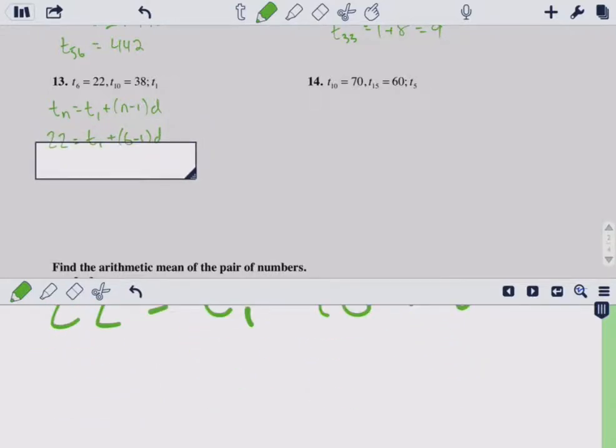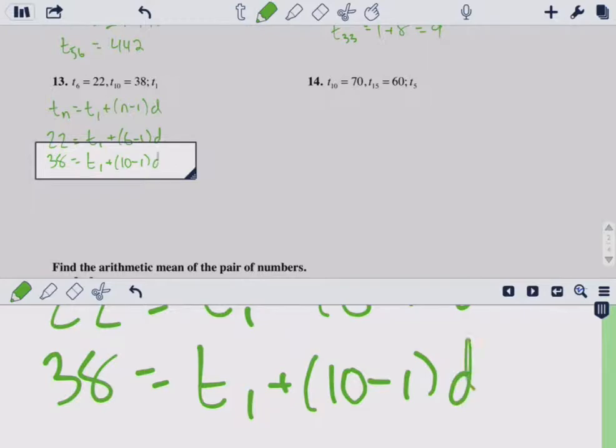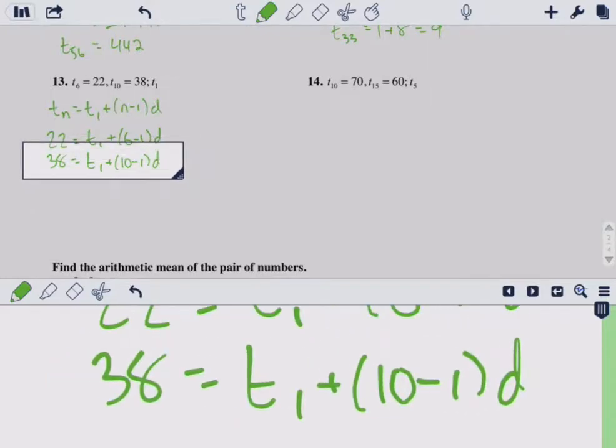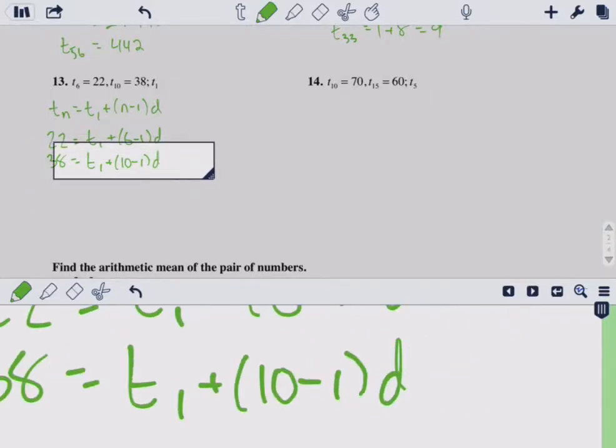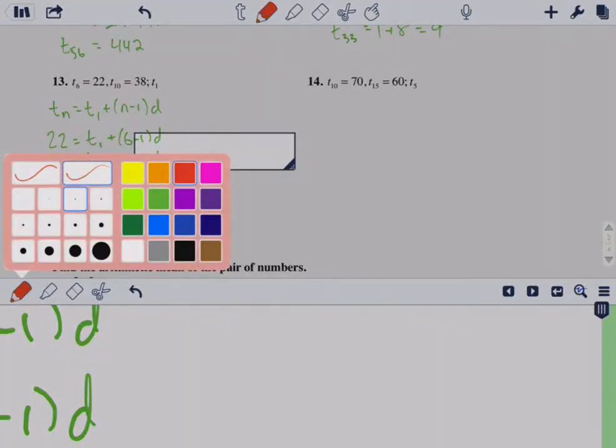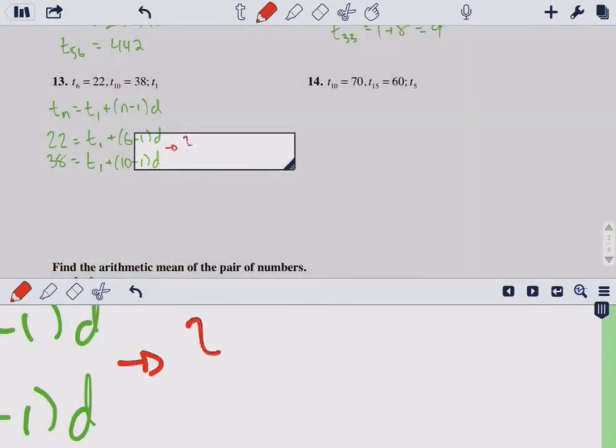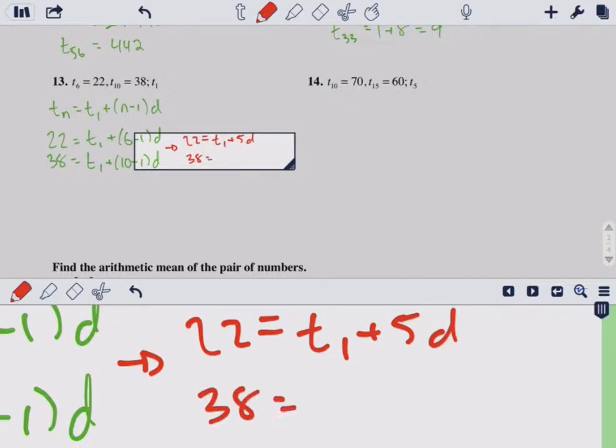I've got t sub 10 is equal to 38, so that's equal to t sub 1 plus 10 minus 1 times d. Alright, and then we can simplify that a little bit. Let's make that 22 equals t sub 1 plus 5d, and I've got 38 is equal to t sub 1 plus 9d.